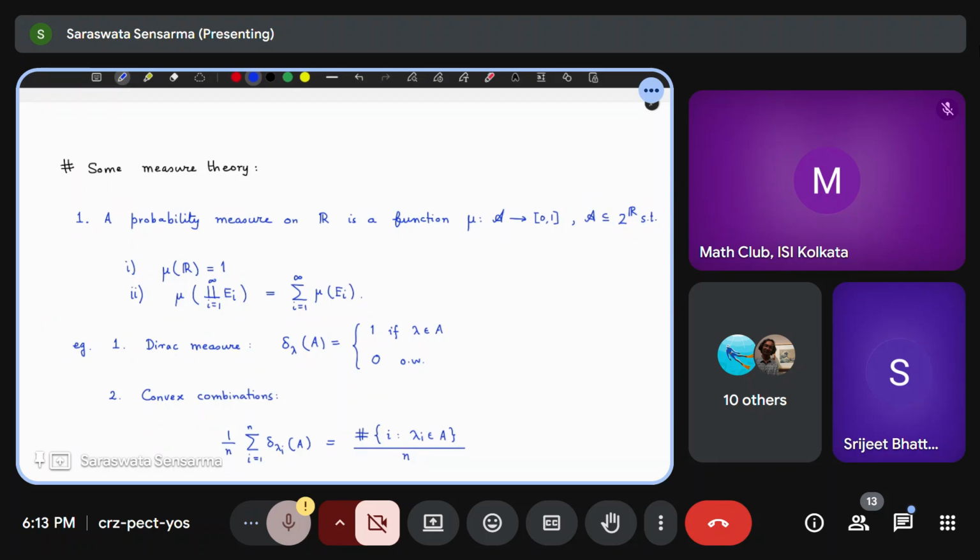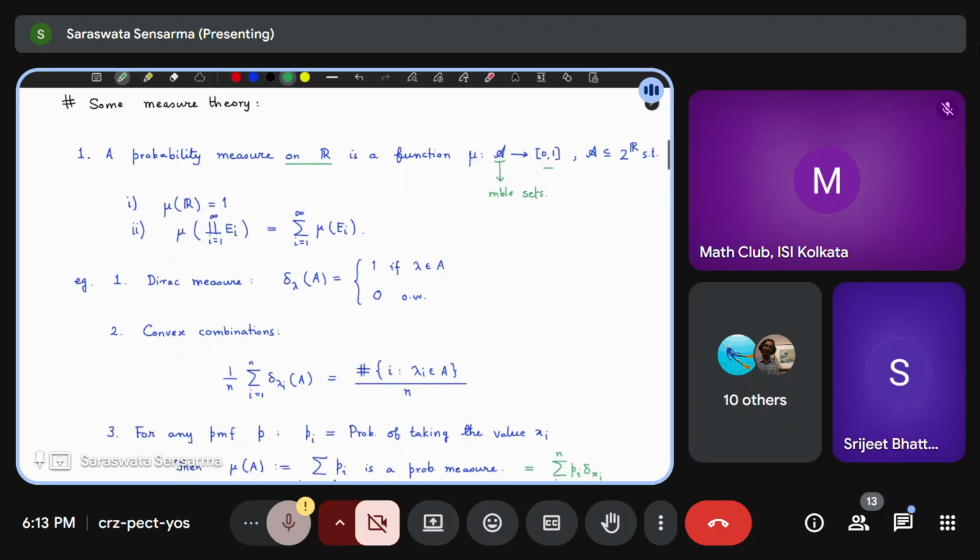It's a set function taking values in [0, 1], such that the measure of the whole space is 1, and for our purposes we'll only be dealing with probability measures on R. It is countably additive, and this will be our set of measurable sets. We cannot do this for all sets, but we can restrict it to some measurable sets like Borel sets. But a measure is just a way to talk about length of the line, so that the total length of the real line is 1.